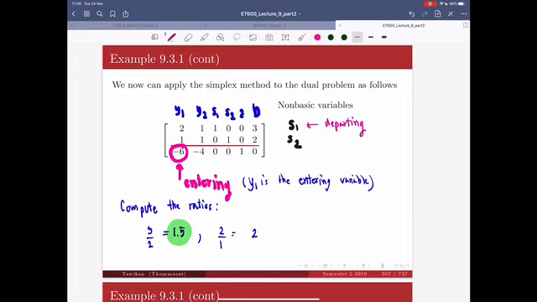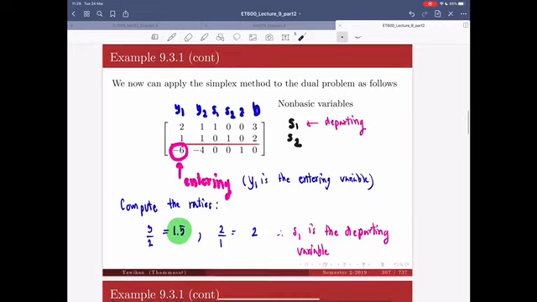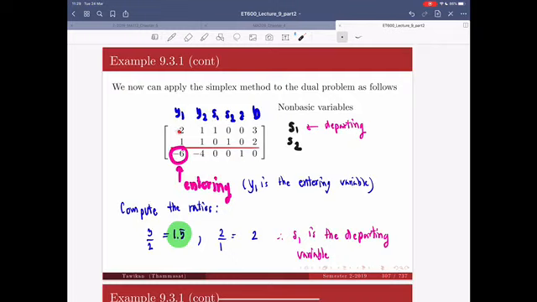So S1 is the departing variable. We're going to use Gaussian elimination to try to get the leading one in that spot.